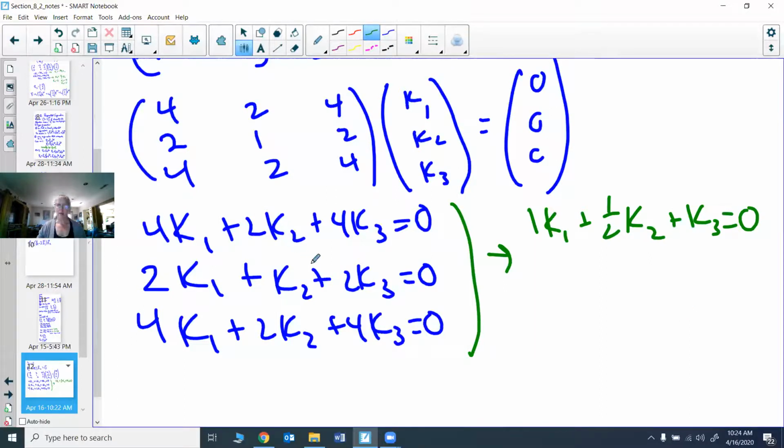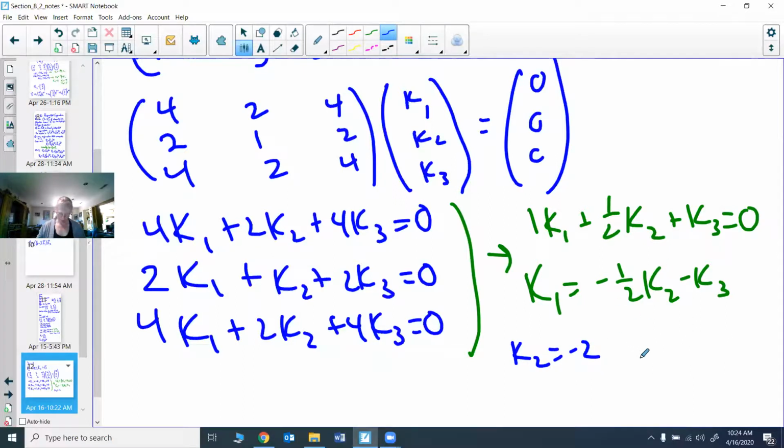So if I went ahead and solved this for, let's say, K1, because K1 is by itself. I mean, I could have done K3 also, but I like to solve for K1. We have that. I can now pick for, let's say, K2. And I could say that K2 is -2 because I don't want to have the fraction. And then I could also pick for K3, and I could say, well, K3, let's pick 1.